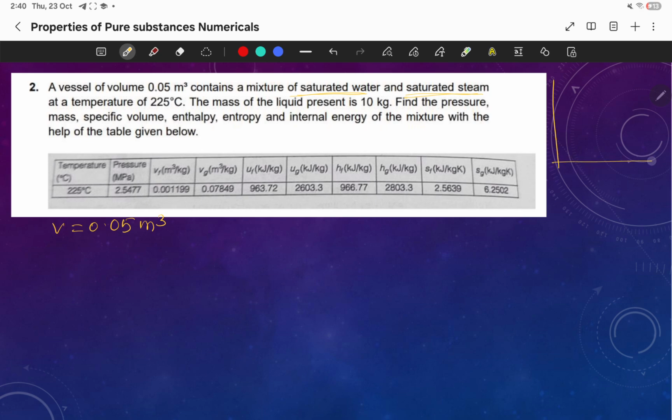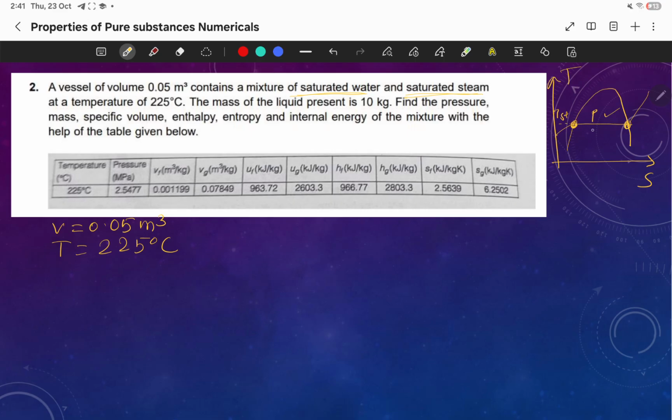Okay, so if I draw this physical process on the T-s curve, this was saturated liquid, this was saturated vapor or saturated steam. This is at pressure P, and the temperature is given as T saturation, 250 degrees Celsius.